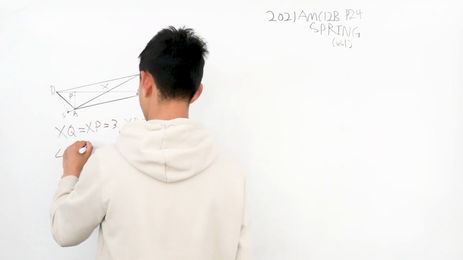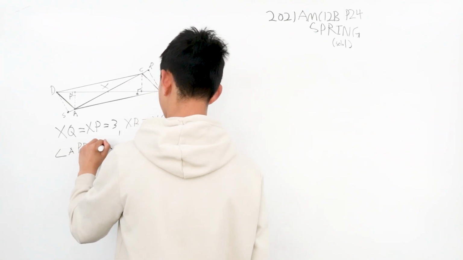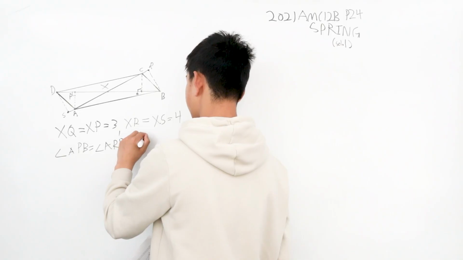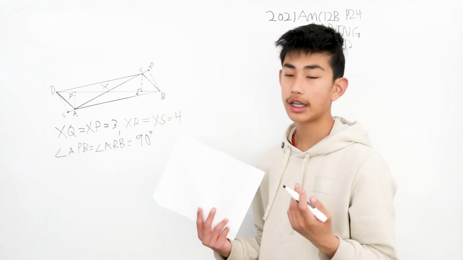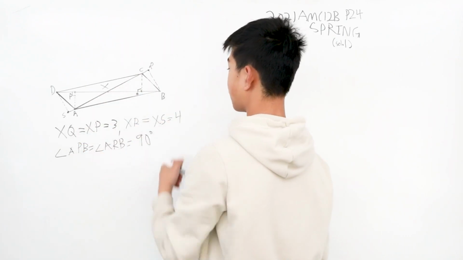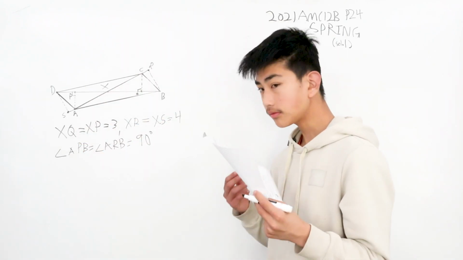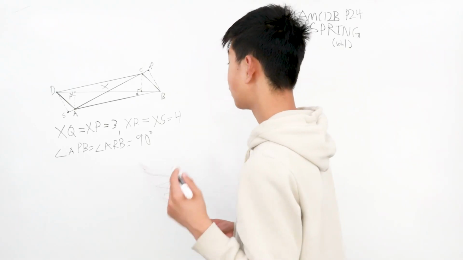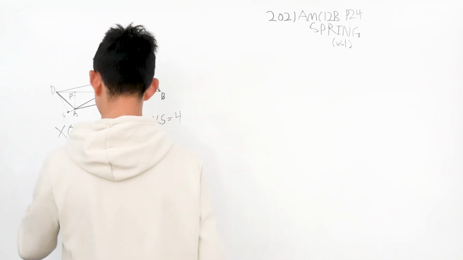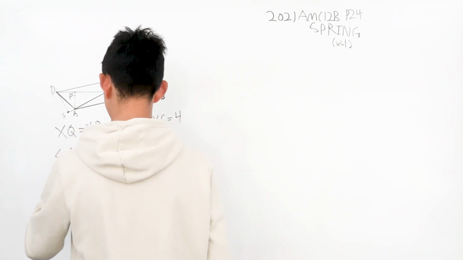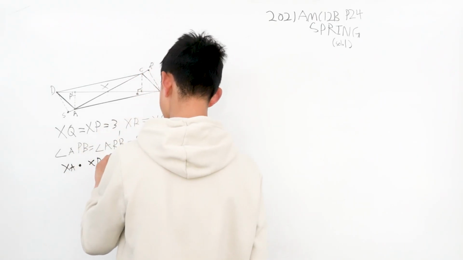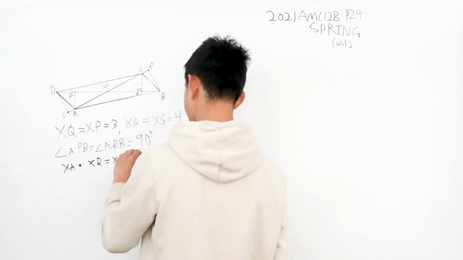Since the problem has a lot of angles drawn, we know that angle APB is equal to angle ARB, and this is 90 degrees. Since these are both 90 degrees, this proves that the figure ARPB is cyclic. If it's cyclic, we can write that XA times XR is equal to XB times XP.